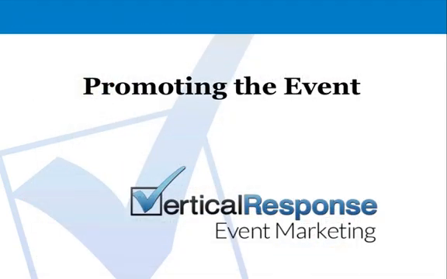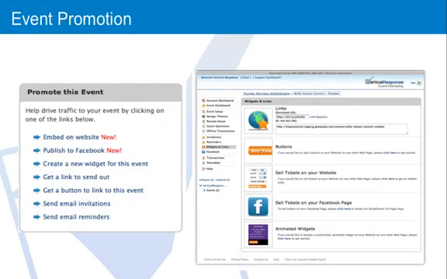So promoting the event, once you have it going, as I said, we have lots of tools to help you with this. You can add the event to your website, which we just saw in one of the examples there. You can put it on Facebook. There are also animated widgets that you can add to your website or to your blog.